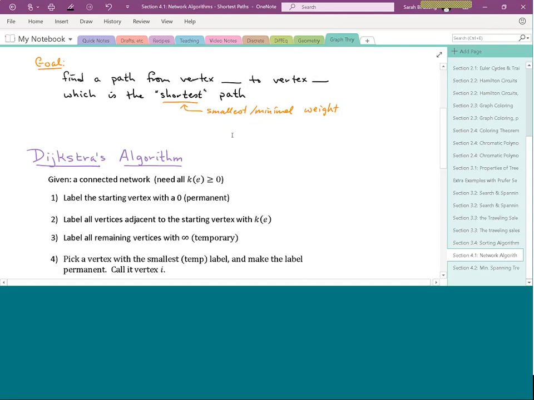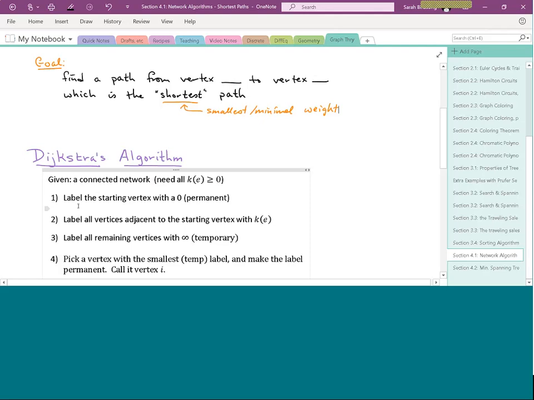Now remember, what's the deal with a tree? There's only one way to get between two vertices, so that will automatically get you between the two vertices. So you have this connected network, and you need to have all of your weights non-negative. If they're not all non-negative, you adjust.